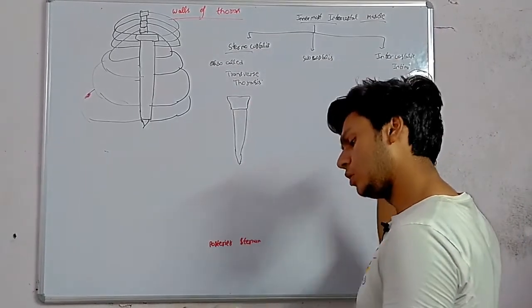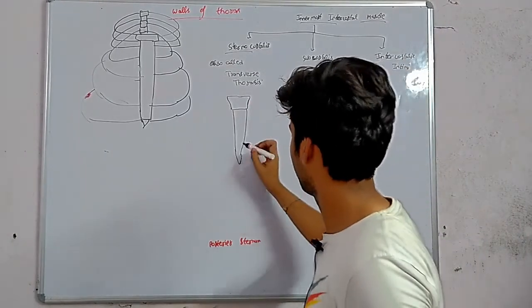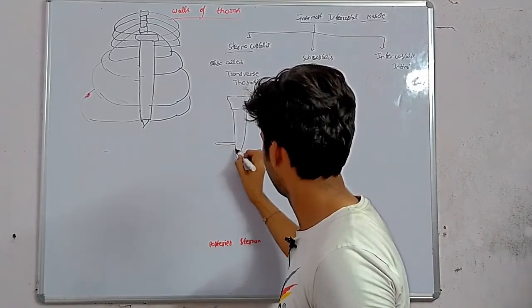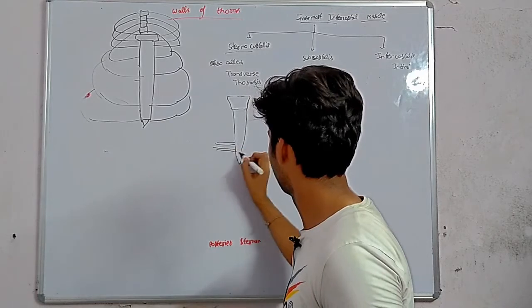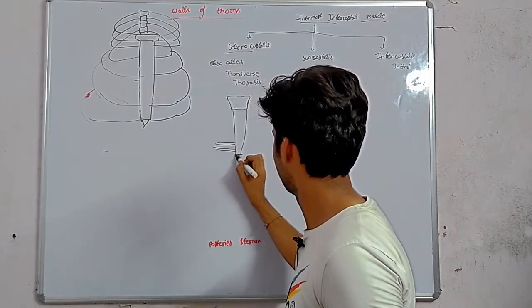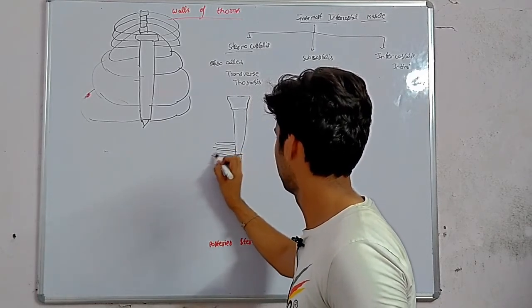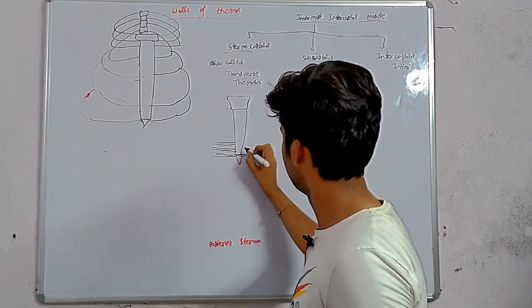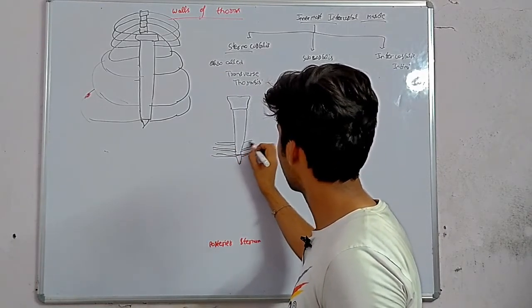Ribs. We know this is the seventh rib, fifth, sixth, and fifth rib.